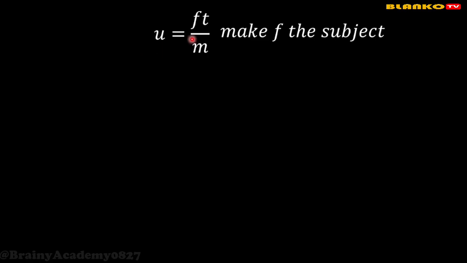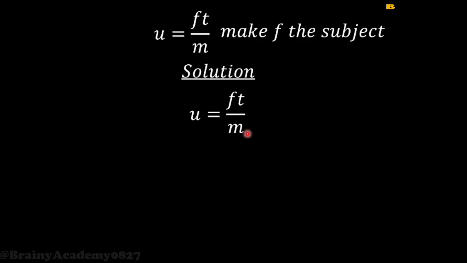We have u equals ft over m, and we have to make f the subject. So the solution: we have u equals ft over m. What we are going to do first is multiply both sides by m.